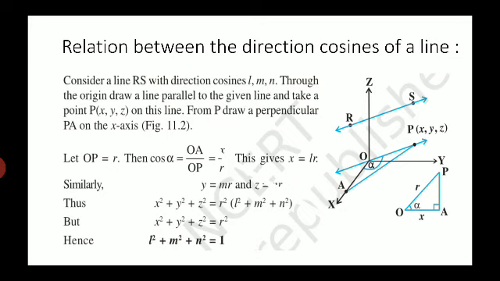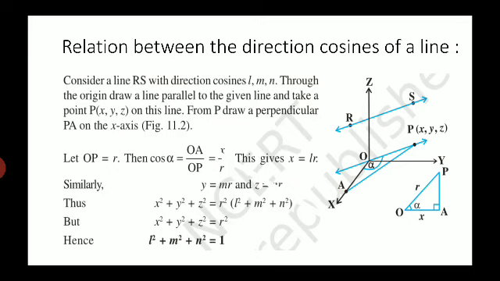This gives x equals lr. Similarly, we can show y equals mr, z equals nr. Thus, here you can see x square plus y square plus z square equals, if you put the values of x, y, z, r square l square plus r square m square plus r square n square.